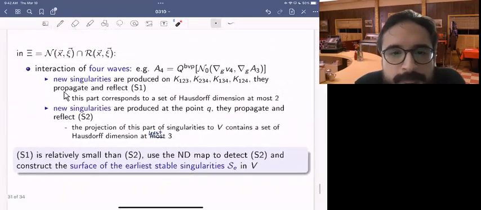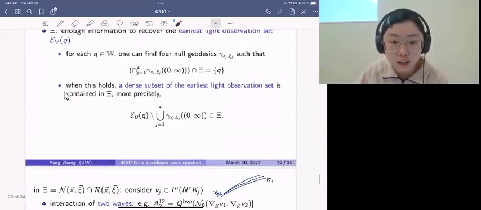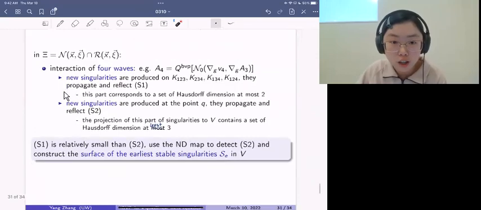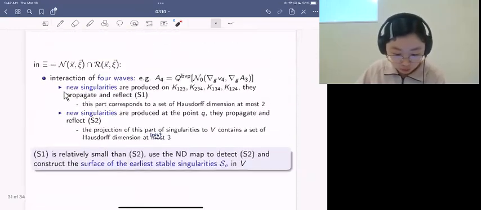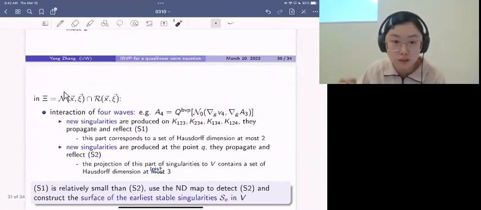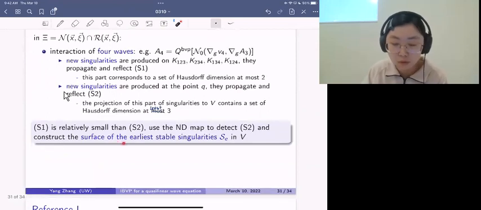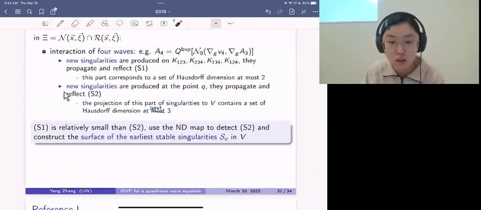I didn't put the explicit form here. This is a set we constructed from the singularities of the fourth order linearization, which will create some light cone surface. If we pick the earliest singularities, this will give us the surface of the earliest set of stable singularities.